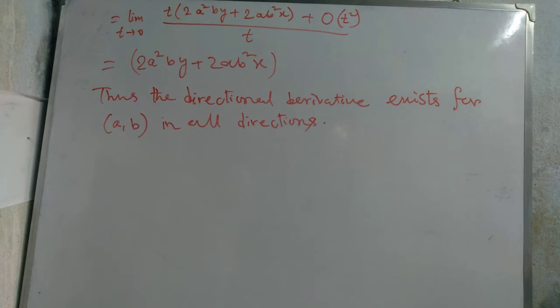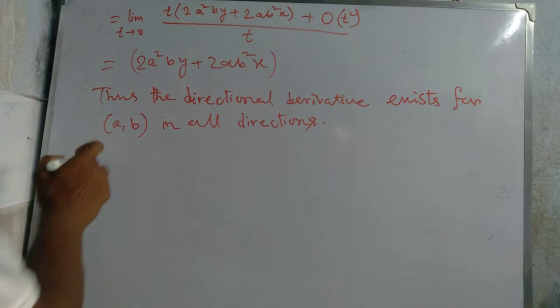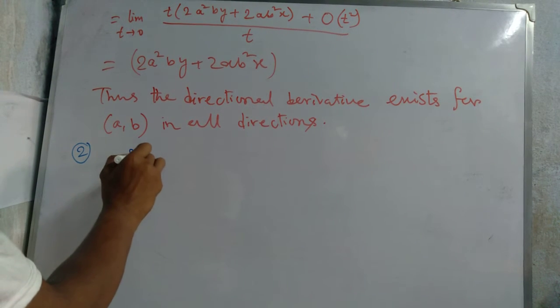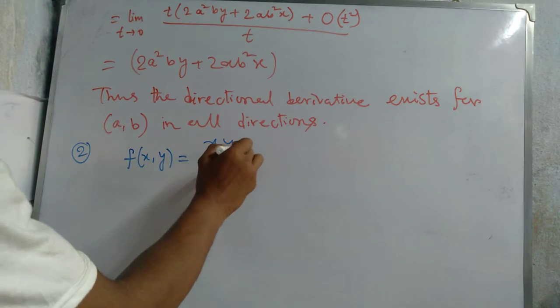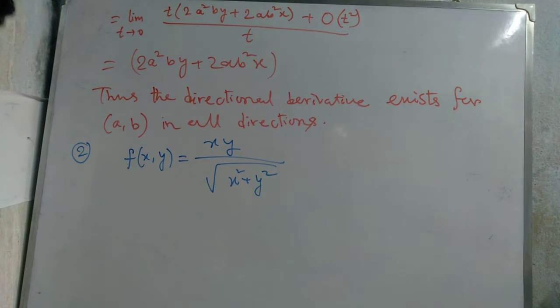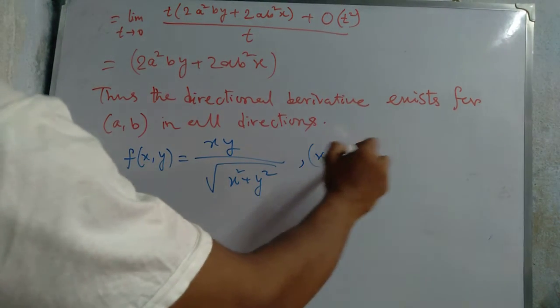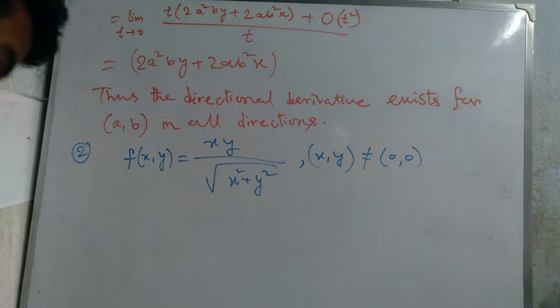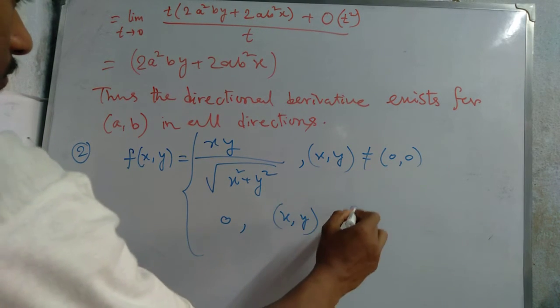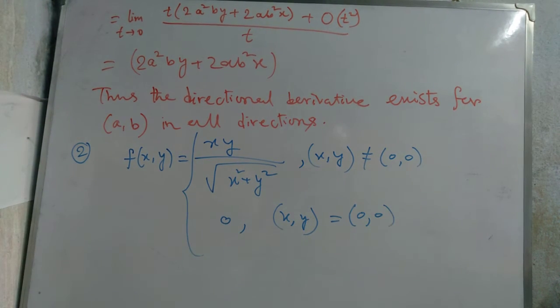Now we discuss another example, which is a famous example. We write f of (x, y) equals xy divided by x square plus y square, where (x, y) is not equal to (0, 0), and 0 if (x, y) equals (0, 0). Then we have to show whether the directional derivative exists or not.